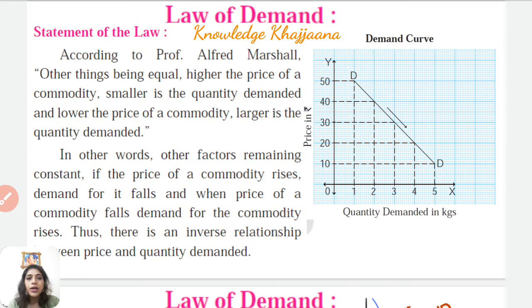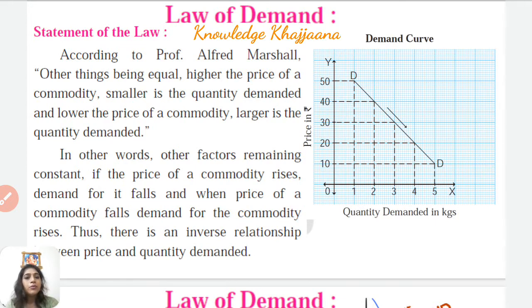If any law has to be proved, if any law is to be considered applicable, then some assumptions or considerations are needed: some variables or conditions must be true and remain constant. Only then will the law of demand stand true and be applicable. So we have to assume something; you have to consider some things. That's why it is called some factors remaining constant. You have to assume that some factors are remaining constant.